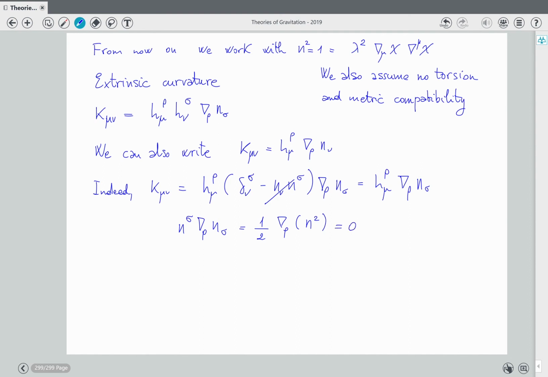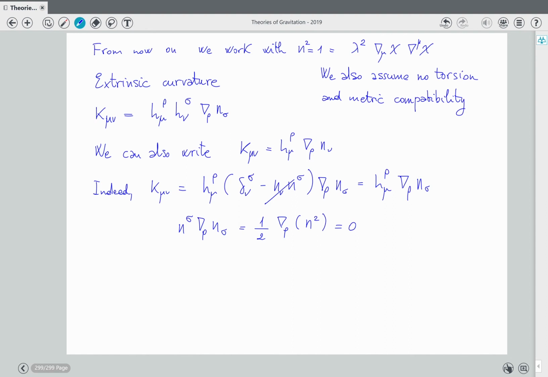Why? Because the metric is covariantly constant. There is a metric in n squared, not only n and n, but we are assuming metric compatibility, so the metric is covariantly constant, and therefore this is the derivative of 1. Covariant derivative or simple derivative in this case doesn't make any difference, but it is the derivative of 1.